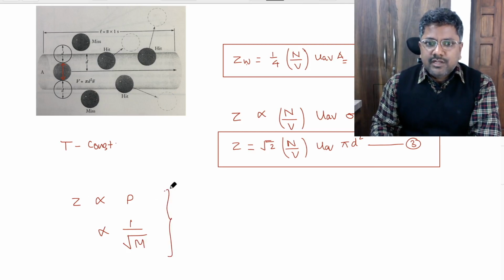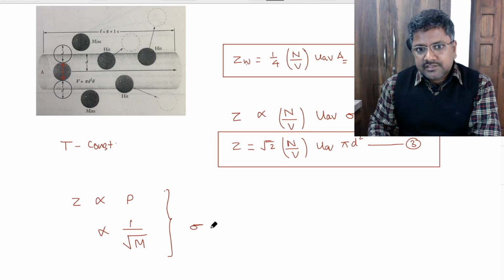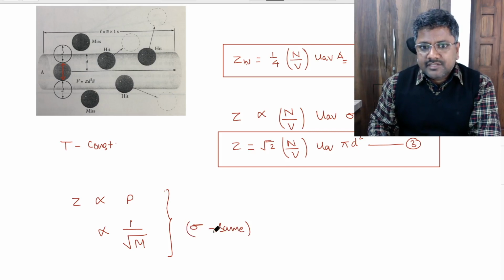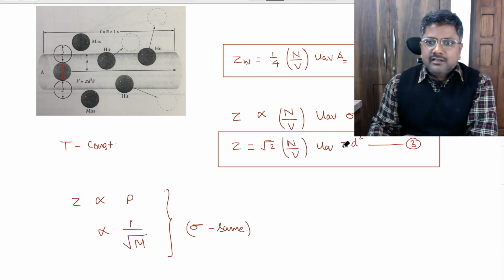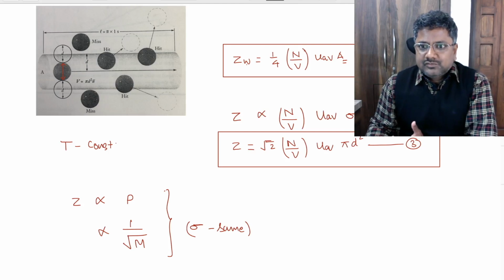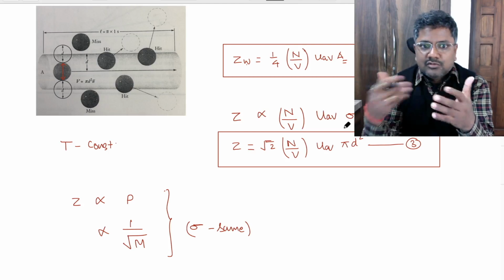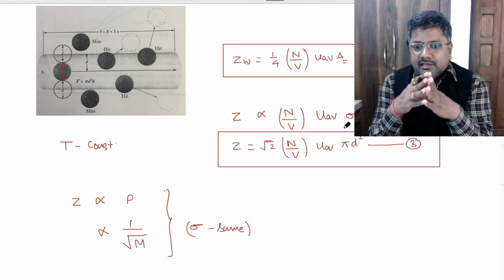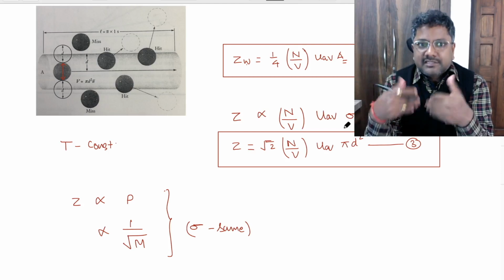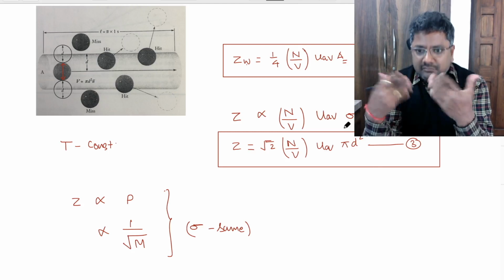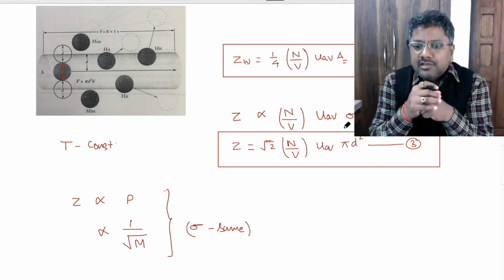But this is true only when sigma is the same. If sigma is not the same, then obviously this Z depends on sigma, the collision cross section. The bigger the size of the molecule, the more the probability of collision.